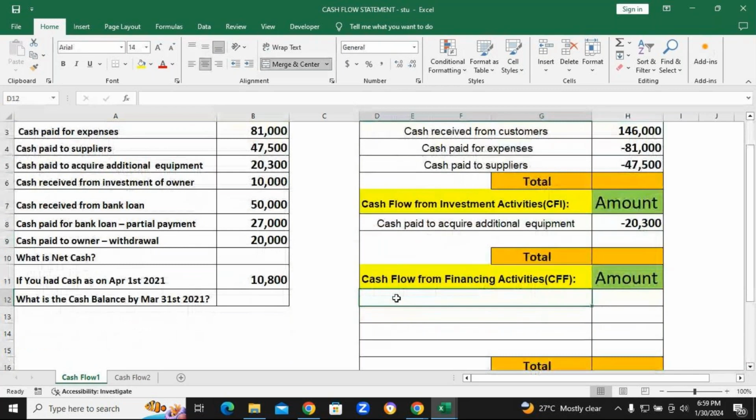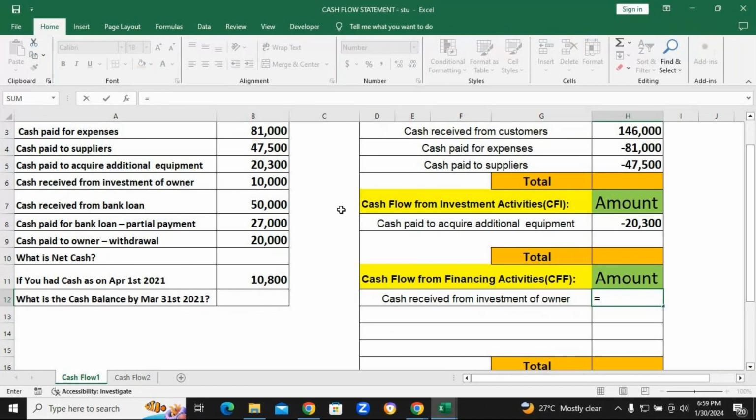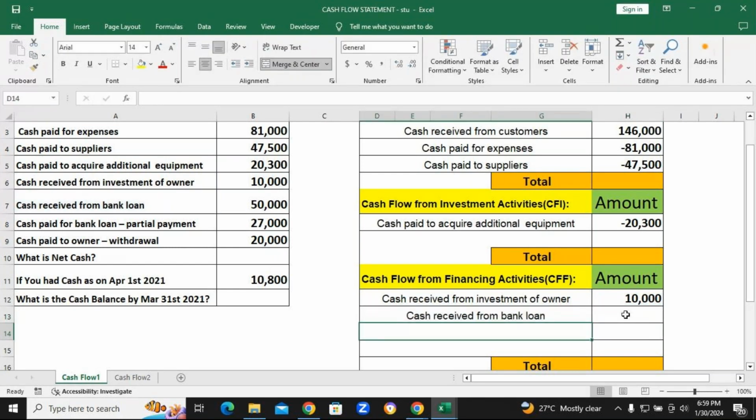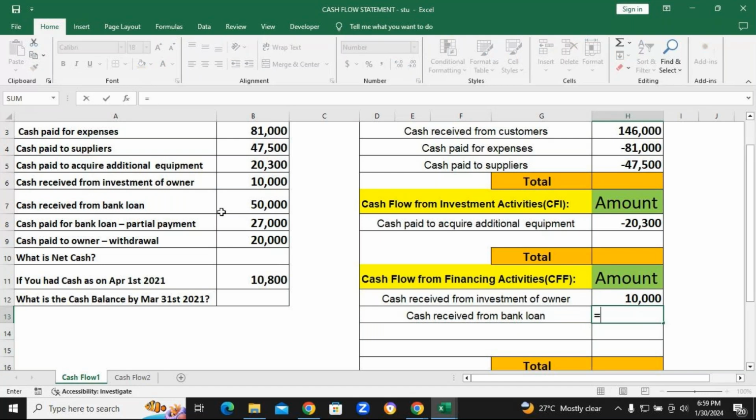Next, cash flow from financial activities. So I'll type equals cash received from investments. Okay, so investment, I am receiving the amount, so this value has to be taken as a positive value. Then cash received from bank loan, so I am receiving the amount, so that also needs to be taken as a positive value only.